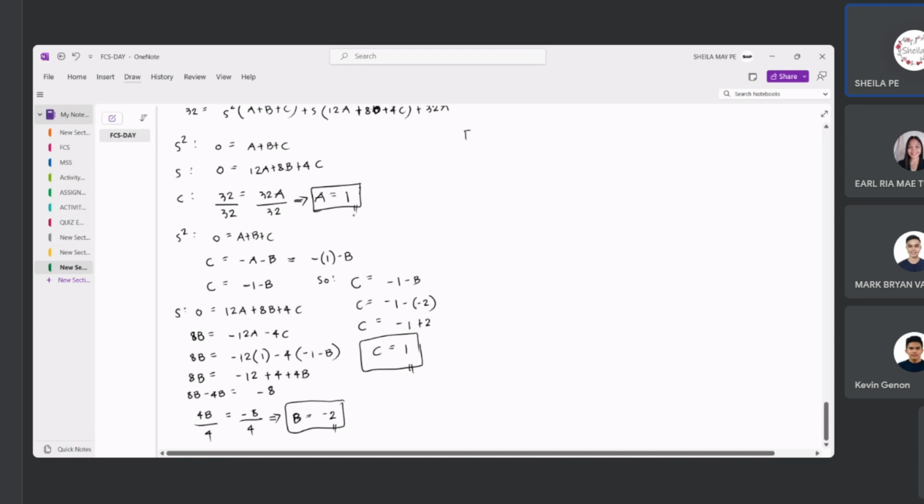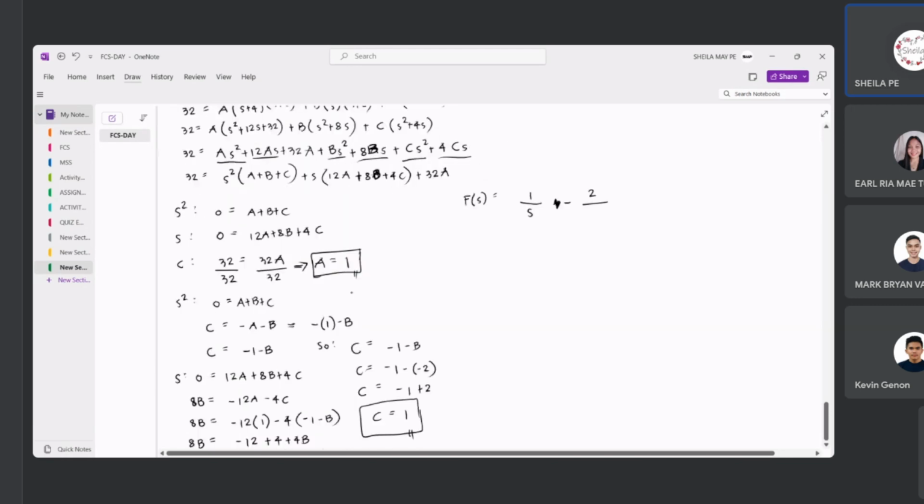Therefore we can have F of s equal to 1 over s, minus B is negative 2, so that's 2 over s plus 4, and C is positive 1, so that's 1 over s plus 8.